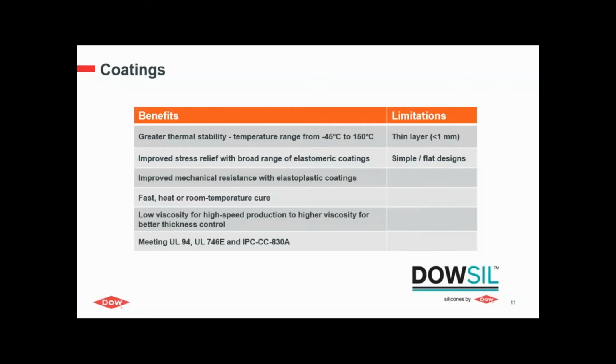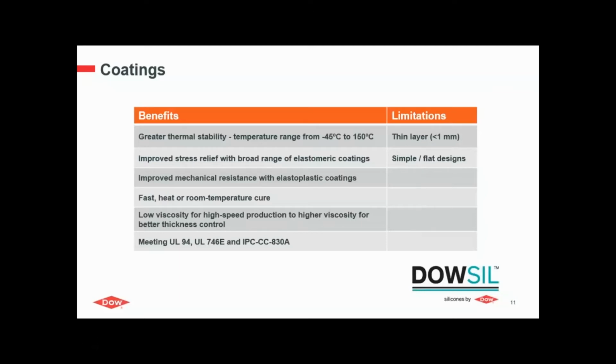For both of those coatings, we can have a fast heat or room temperature curing process. And depending on your process, you can choose a low viscosity for high-speed production or go to a higher viscosity coating for better thickness control.